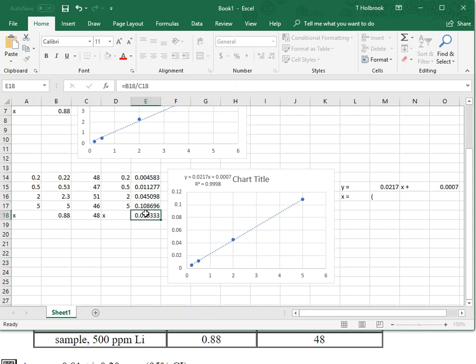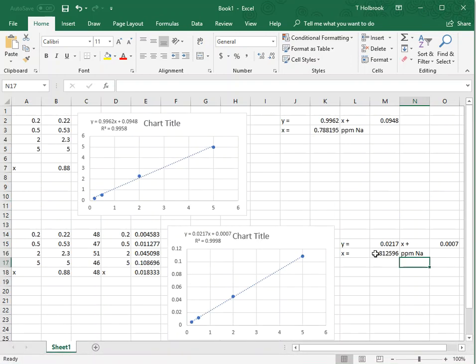So I take the ratio of the sample, 0.0183, plug it in for Y, subtract 0.0007, and then divide by 0.0217. And I get 0.8125 parts per million sodium.